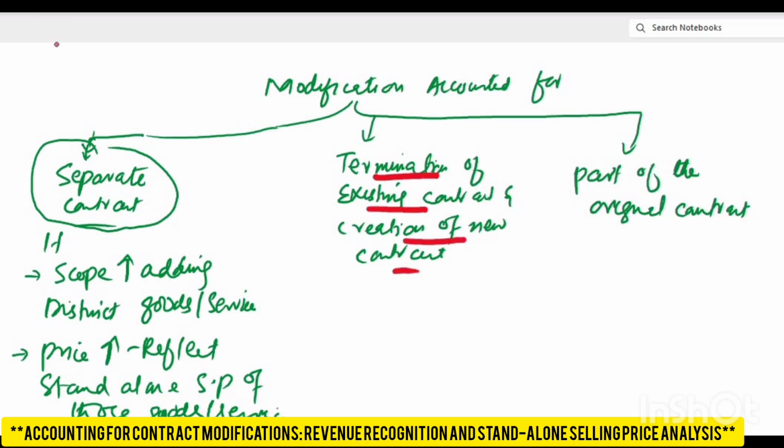So when the remaining goods or services, let's say we have a contract, we have transferred some goods, and after transferring some goods we have modified the contract, and the remaining goods or services are distinct from what was already delivered, then in such a case the old contract will be terminated and the new contract starts. Clear?